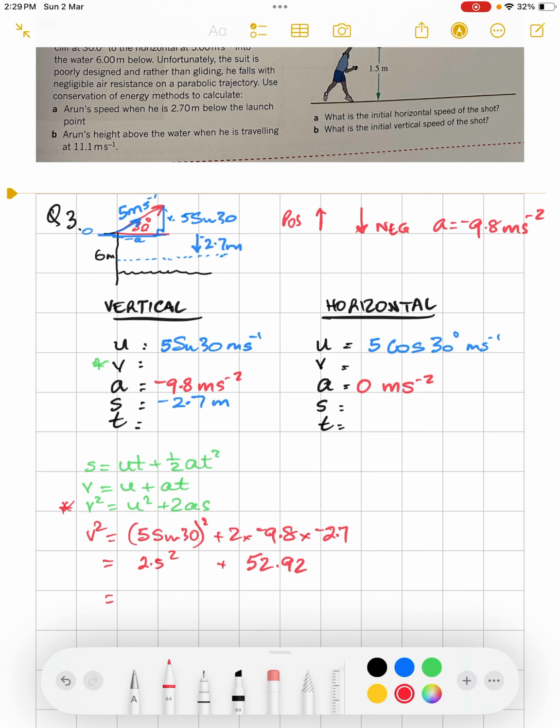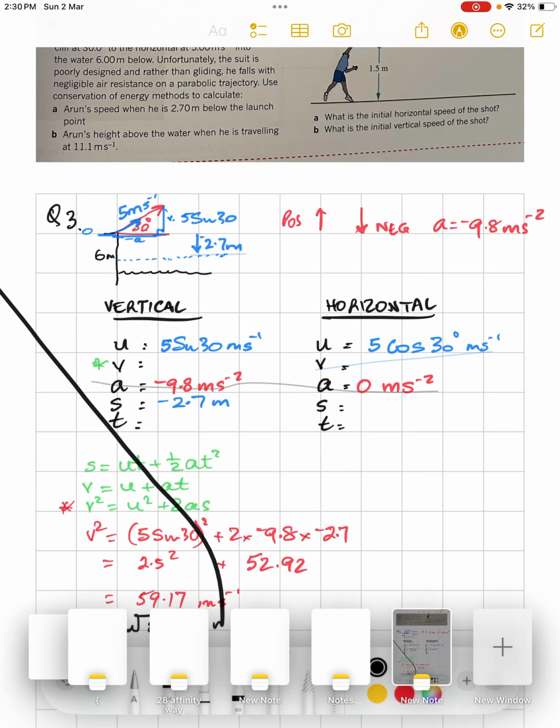We add 2.5 squared, which is 6.25, and we get 59.17, and that will be in meters per second. So we've got our vertical, we've got the square root of 59.17 meters per second.